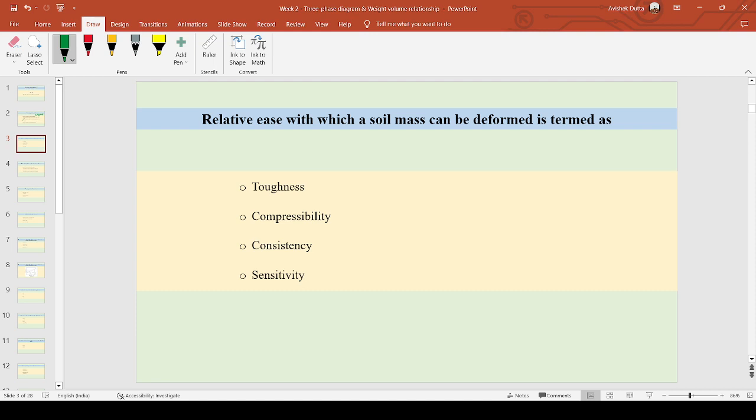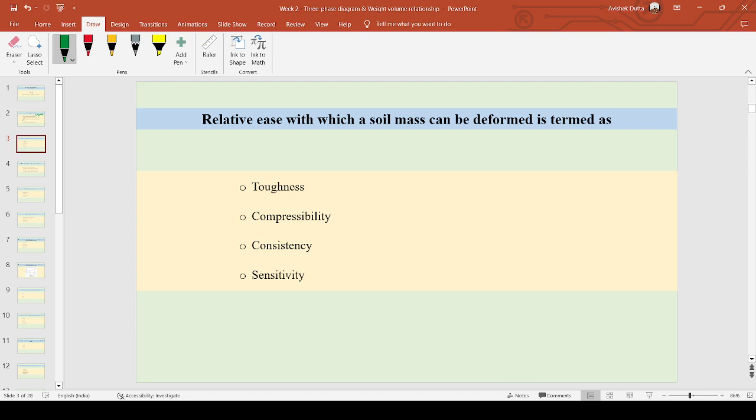And what is sensitivity? I don't know about it. Sensitivity is nothing but the degree of disturbance in a soil mass due to any externally applied force. When we mold and remold the soil, there is a certain degree of disturbance. That degree of disturbance is called sensitivity.